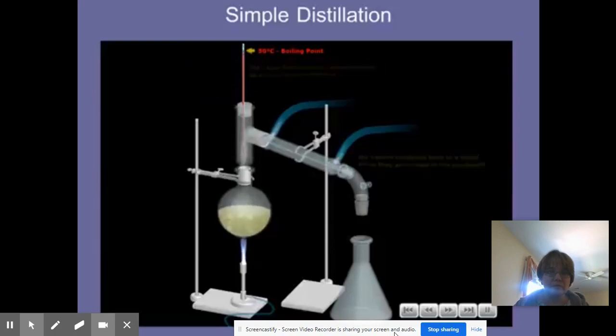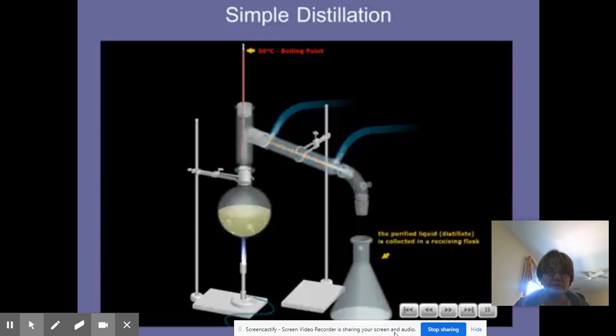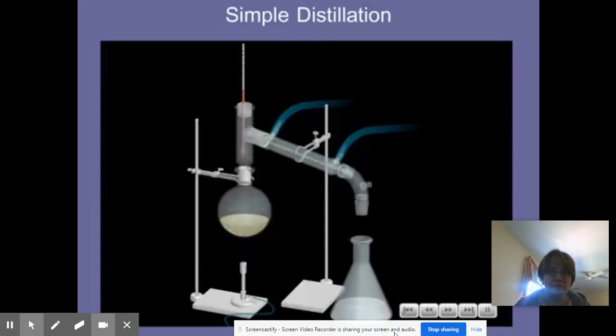As the vapors travel into the condenser, they will be cooled and will liquefy. The liquid droplets, called the distillate, run down the condenser and are collected in a receiving flask. A liquid can be easily separated from non-volatile contaminants by using a simple distillation apparatus such as this one. Since the non-volatile components in the distillation flask will not evaporate, the vapors and the resulting condensate will be pure.